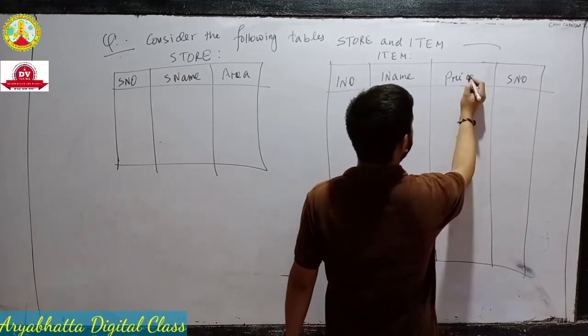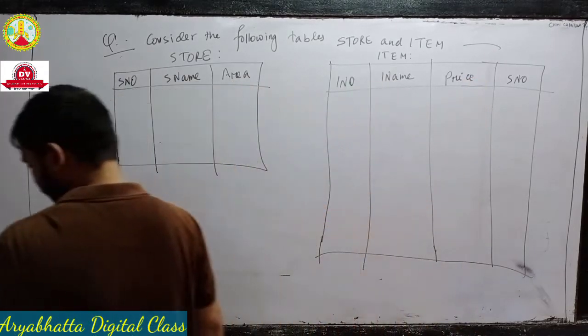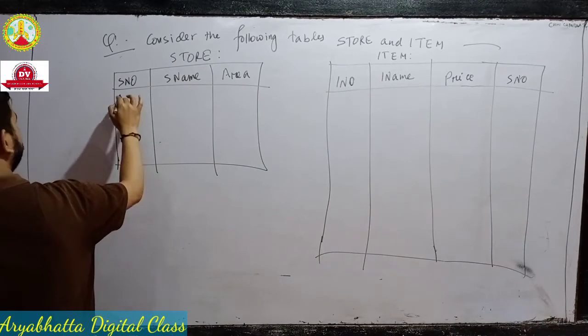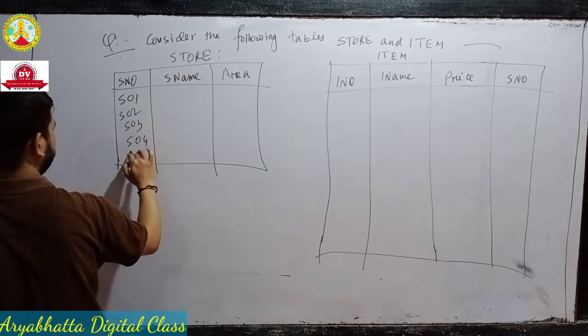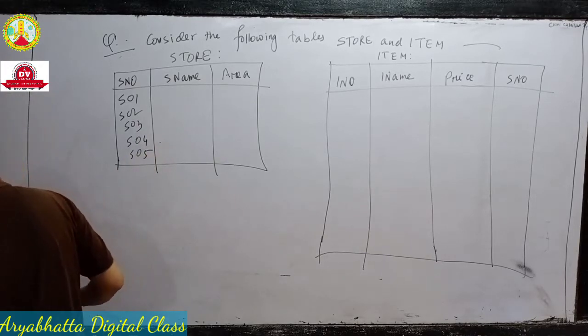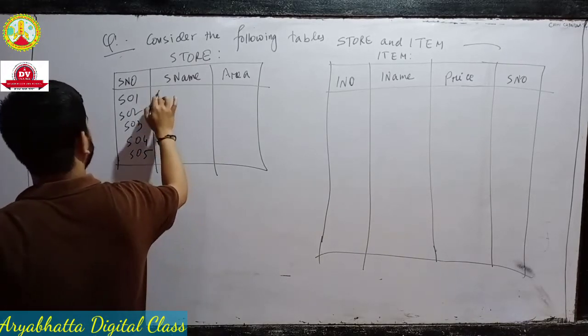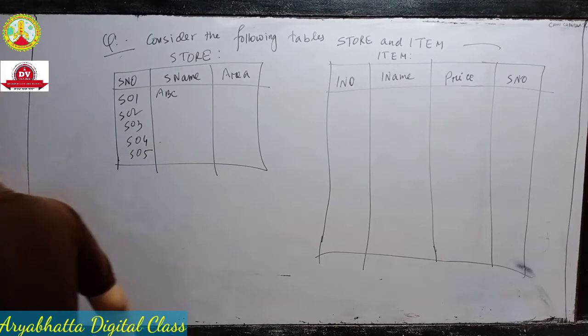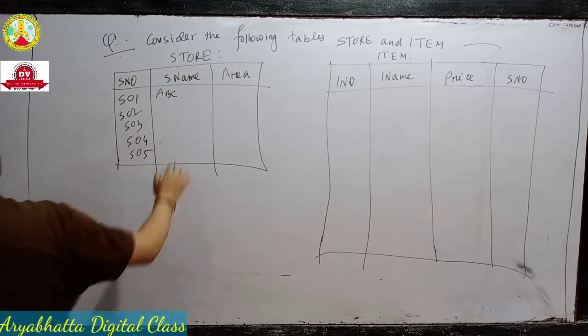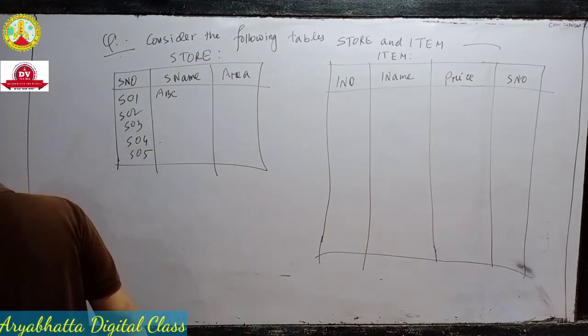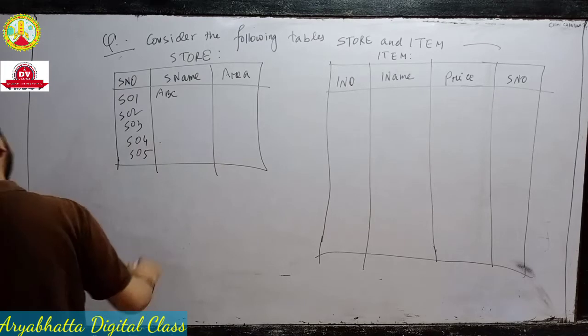We just give the data, the field values. They write, for example, ABC, one Computronics store name.